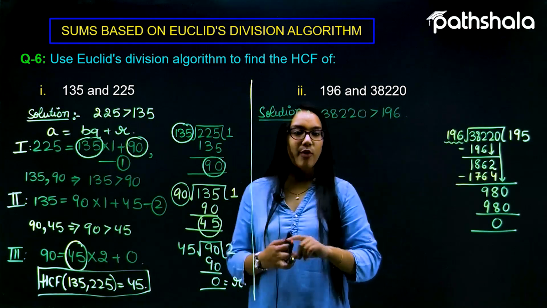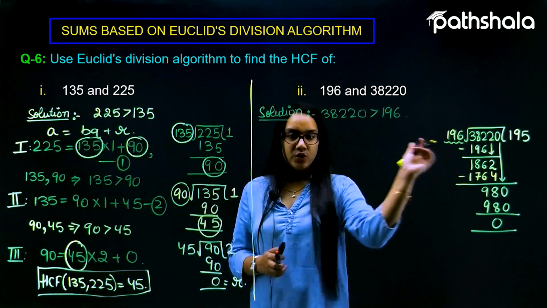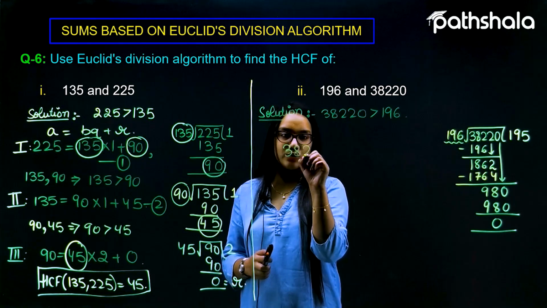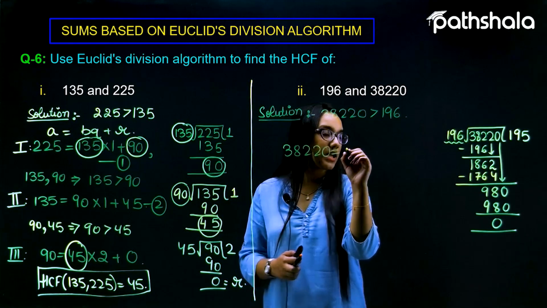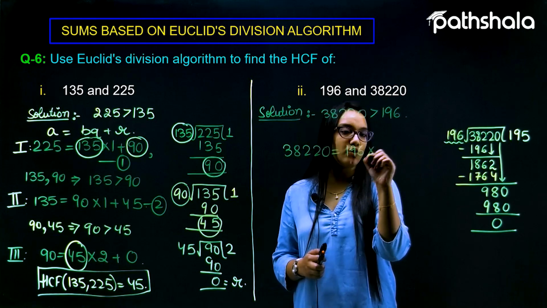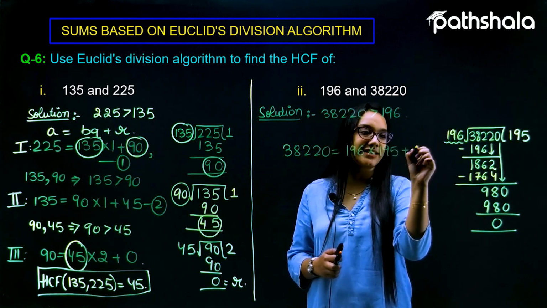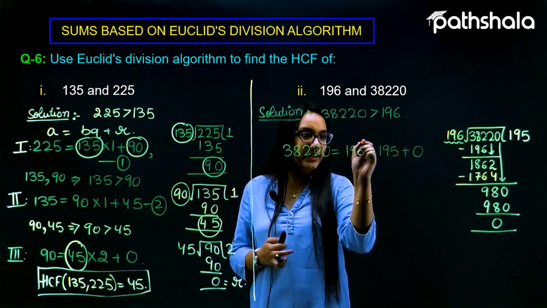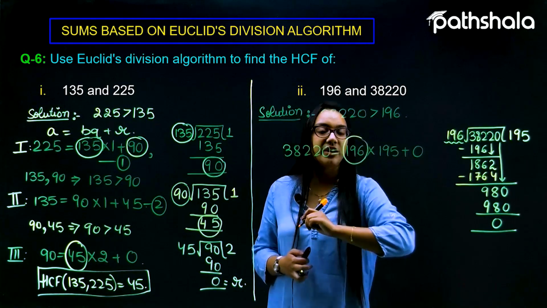So let's just write it in the formation of the Euclid's division lemma. So we can write 38220 as 196 into 195 plus remainder 0. So this 196 is nothing but the HCF in between the two numbers.